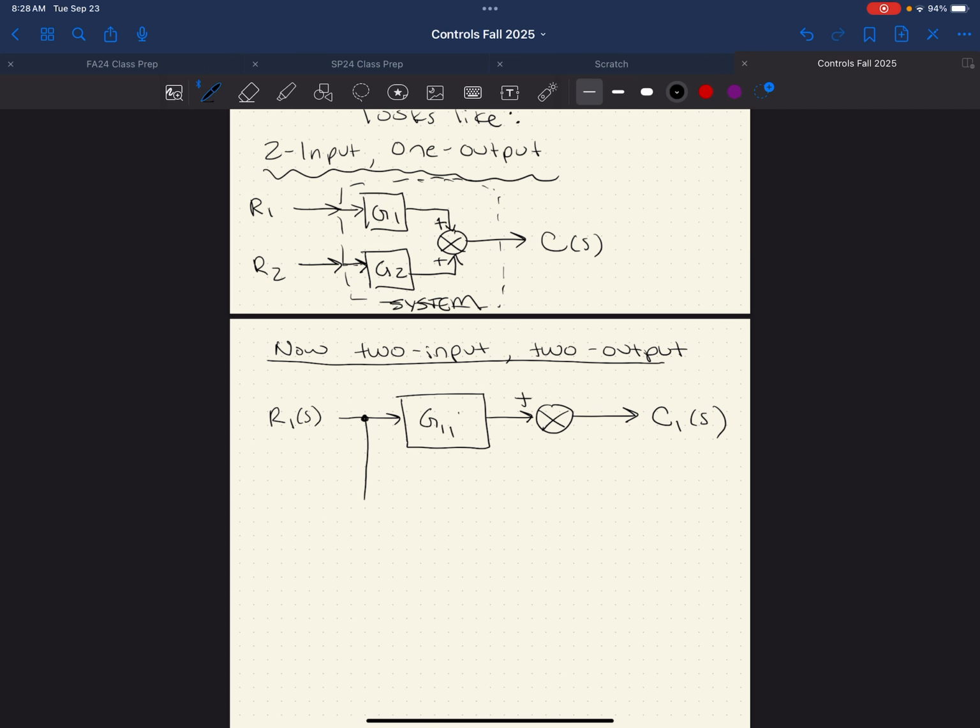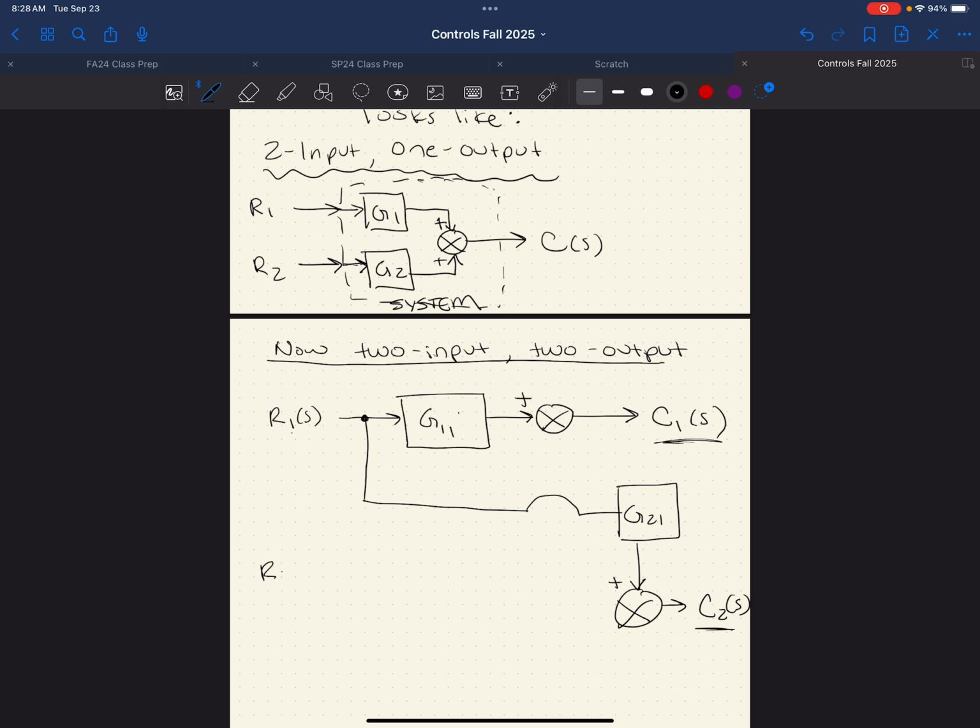In fact, there's going to be a signal over here at some point that we're going to have to hop over. And we'll say this is G21. And this gets some influence over C2 of S. It still didn't go the way I wanted. There. Okay, so R1 of S has some influence over C1 and some influence over C2.